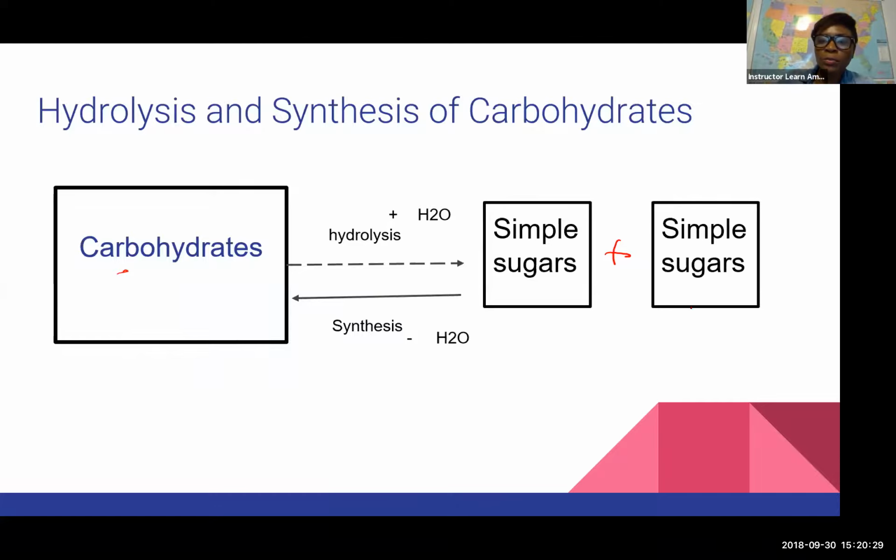But if we have two small molecules of sugar, we can synthesize them by removing water to make them more complex. I hope you saw how we had both processes, where water is being added and taken out, and how that affects the chemical process of creating and breaking down a substance. So this was a simple way of showing it to you. The process is more complex than this, but I think this gives you a quick overview of what that process would look like.